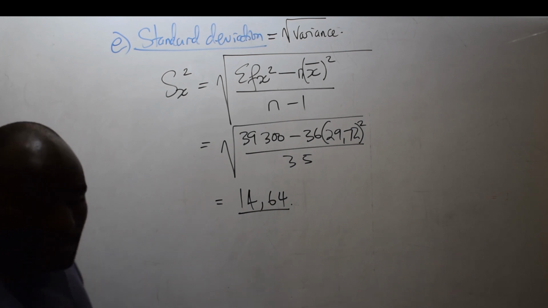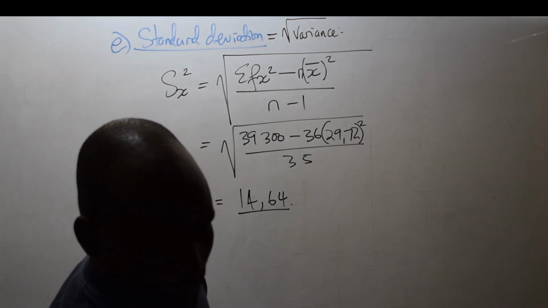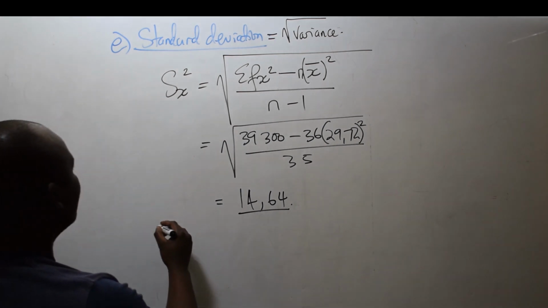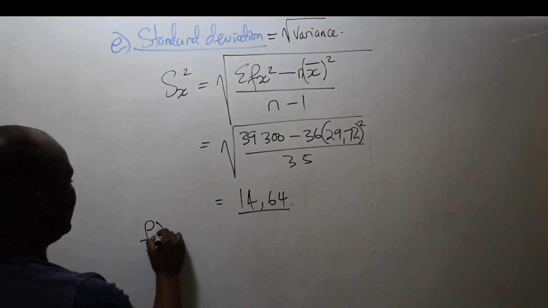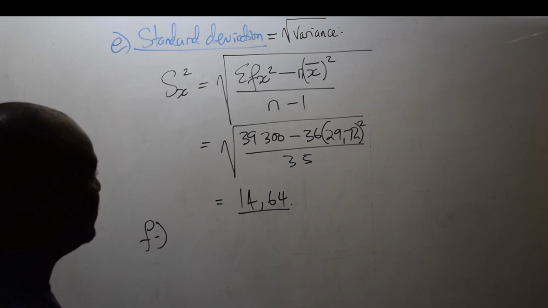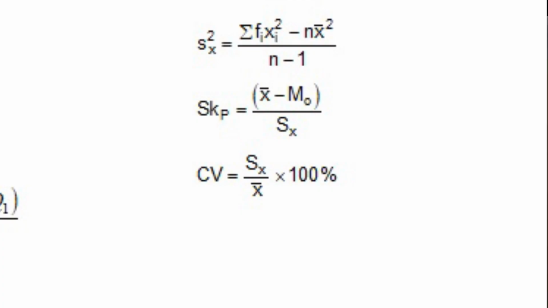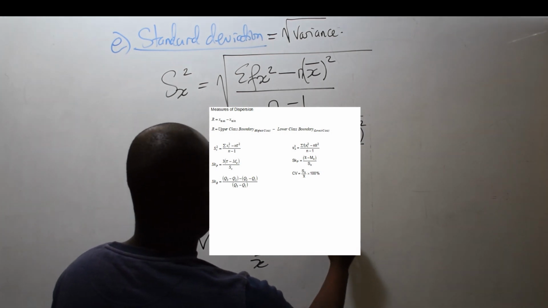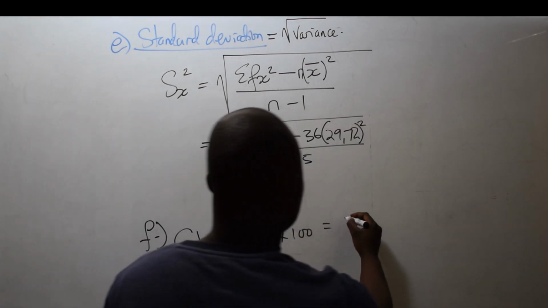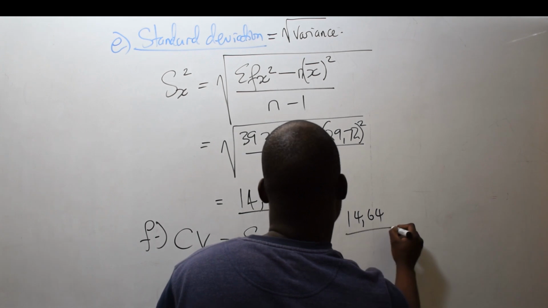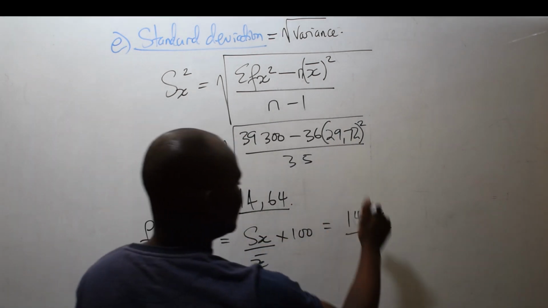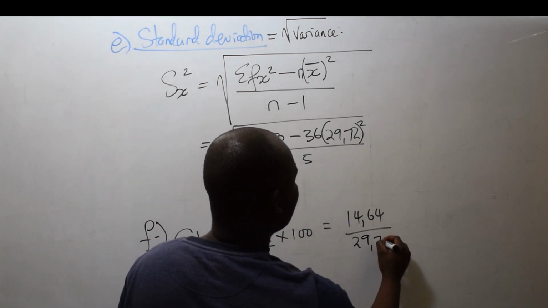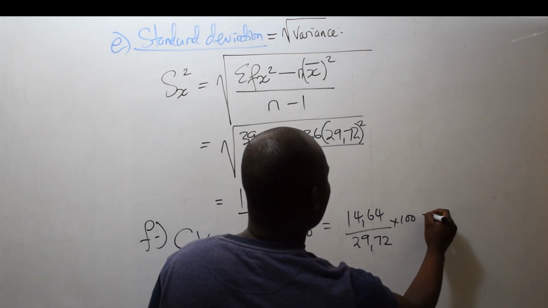The other requirement is to calculate the coefficient of variation, normally abbreviated CV. Your CV is equals to Sx over x bar multiplied by 100. So the standard deviation is 14.64 divided by the mean. We already have the mean here, 29.72, and then this multiplied by 100.